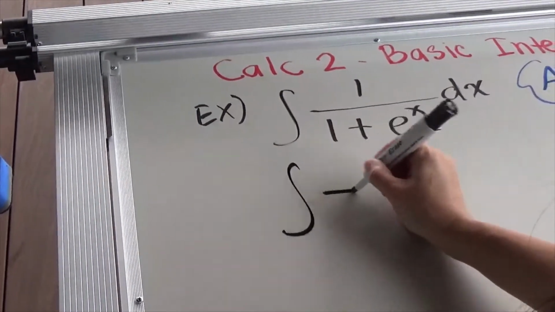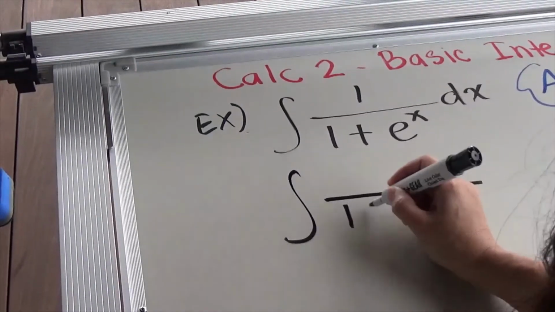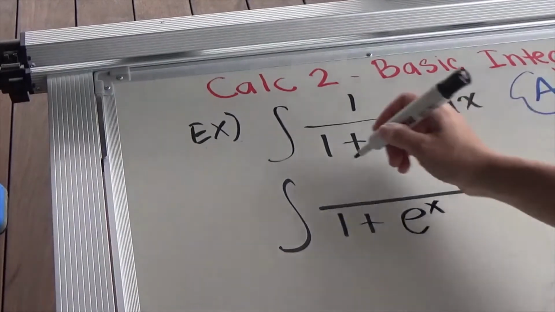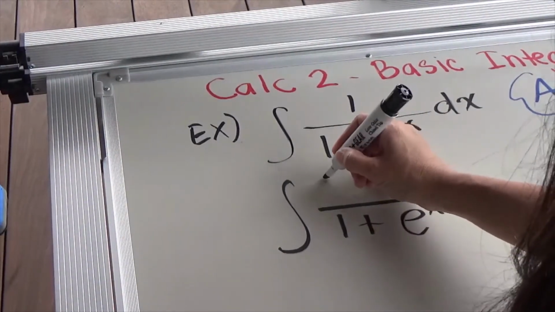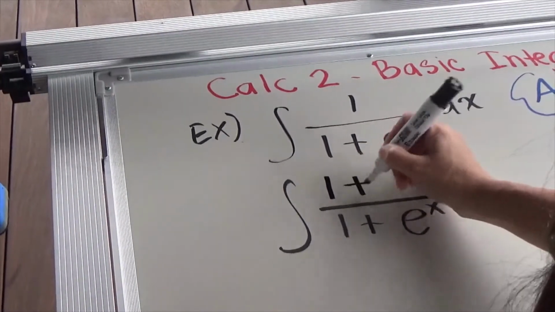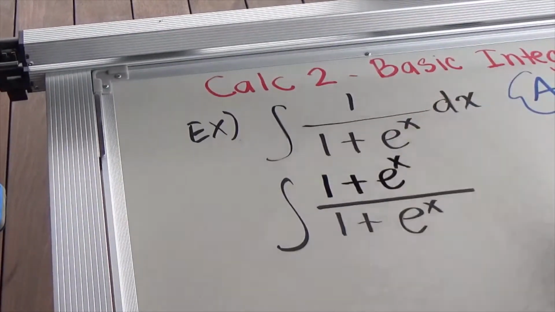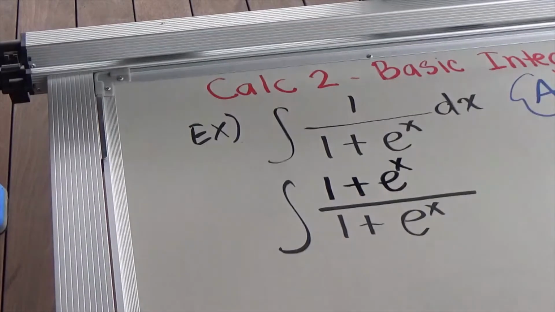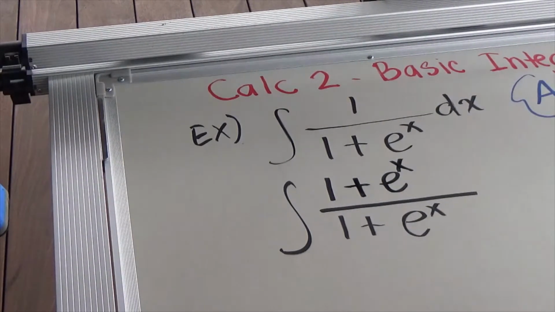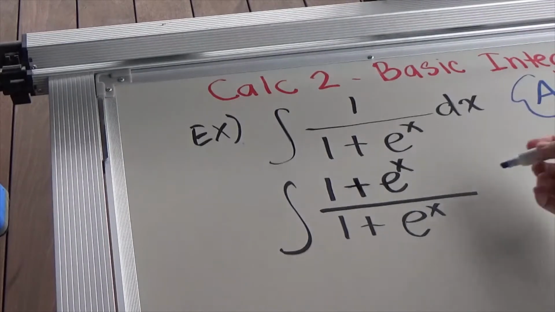In this problem, I have 1 plus e to the x. In the numerator, I have 1, right? What I'm going to do is add e to the x on here. Well, I can't just go ahead and add e to the x. That's not going to work because I would change the problem, right?